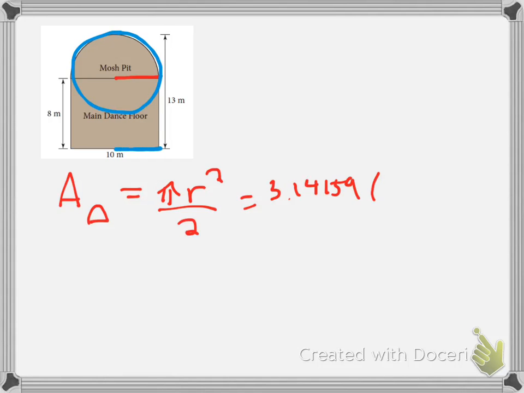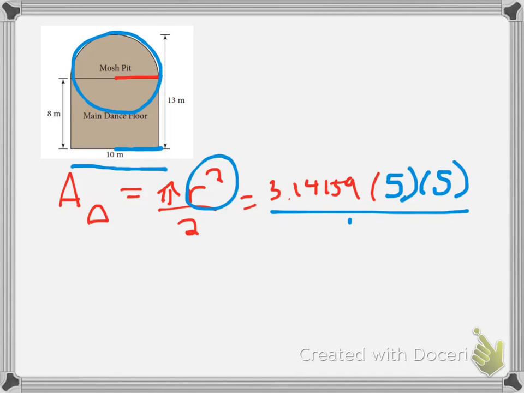So that would be 5, because that whole distance is 10. So the radius of the circle is 5, and radius squared means you write the 5 twice to be multiplied. Divided by 2, and then you punch that into your calculator, doing 3.14159 times 5 equals divided by 2 equals.